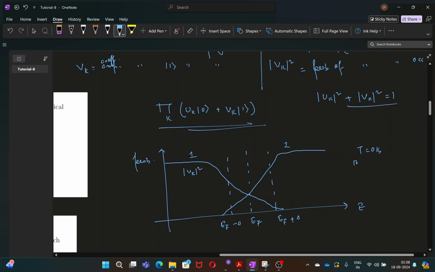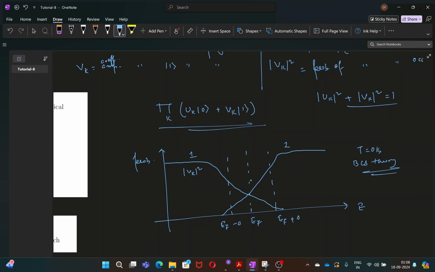So this is the assumption that BCS theory has to make to actually work things in that way. So basically your pk whole mod square, that is the probability of the state being occupied, is obviously 1 when it is much lower than EF or Fermi level, because then the states will be occupied, just like it happens for normal metals as well.